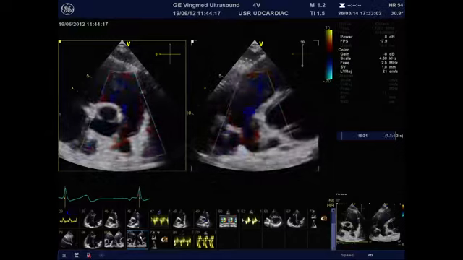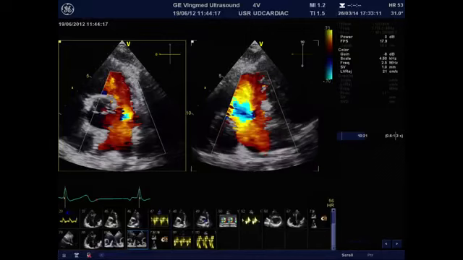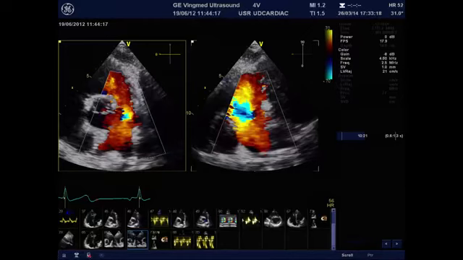And this view confirms that the regurgitation is severe, and if we stop the color Doppler in diastole, you will see that the regurgitant flow fills the entire pulmonary artery and the right ventricular outflow tract. So this is a clear sign of severity.